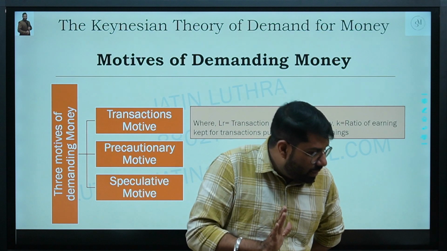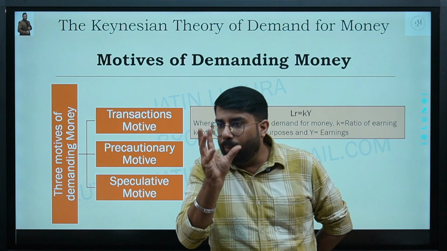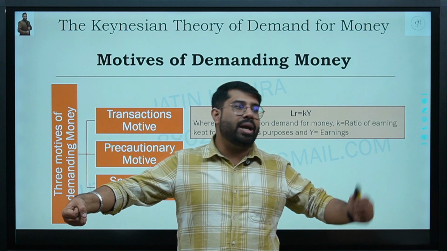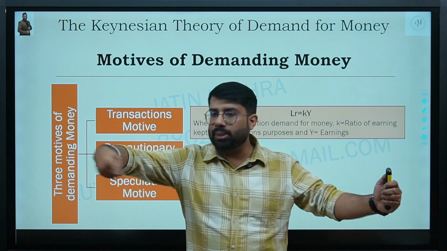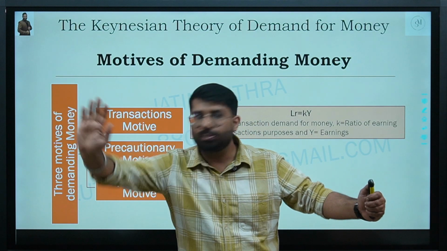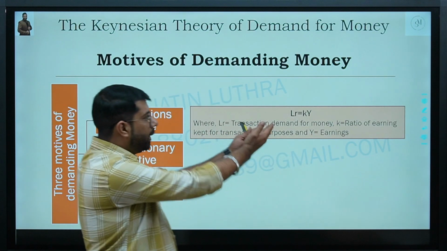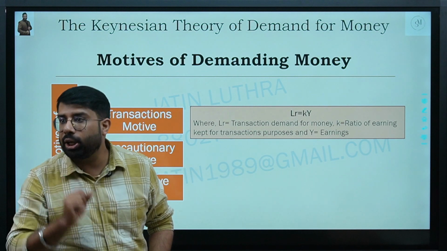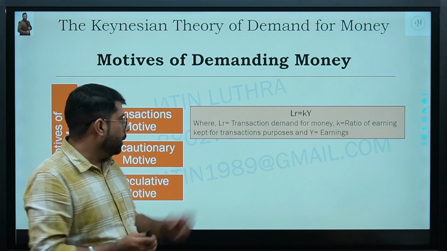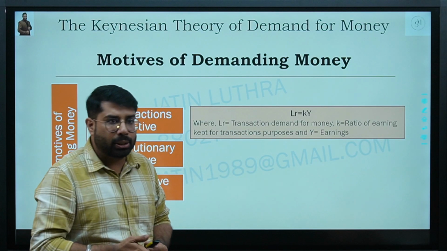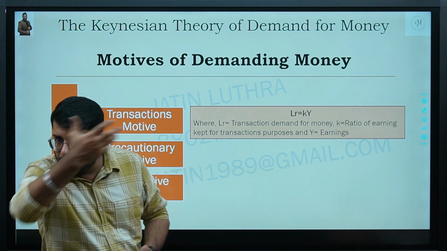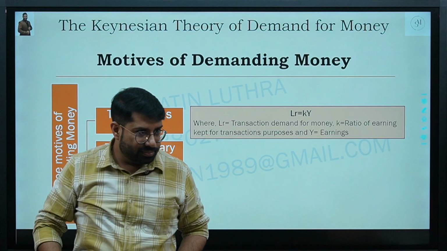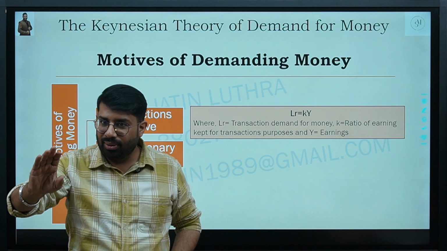Can we say that it is how much additional money we will keep aside from the additional income for consumption purposes? That is what is written here. What is K? Ratio of earning kept for the purpose of buying goods and services so that we can ultimately consume them. Yes or no?